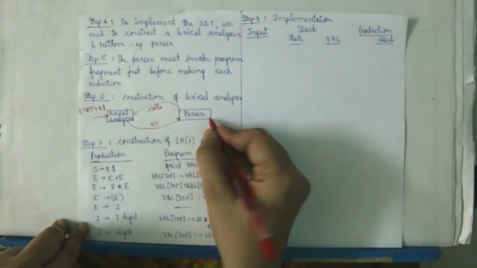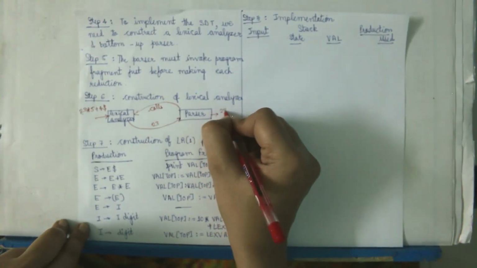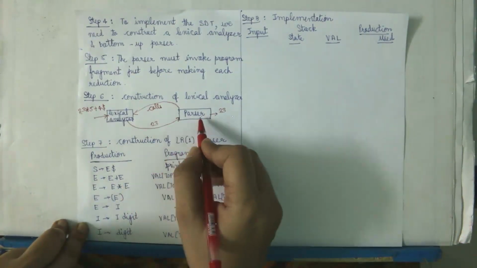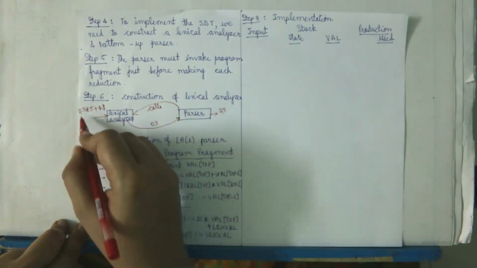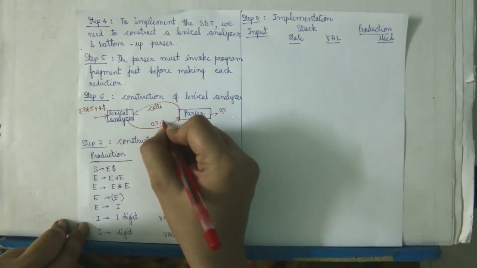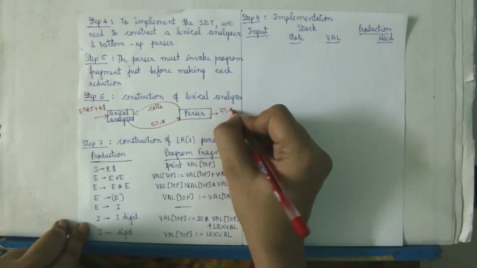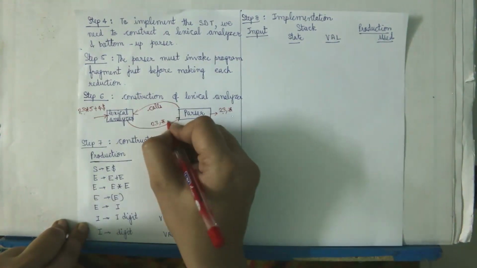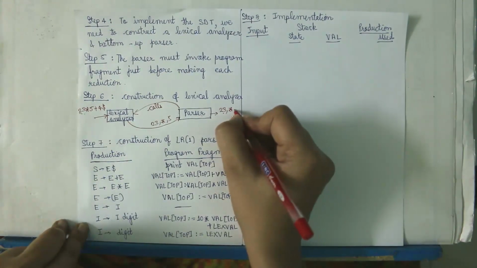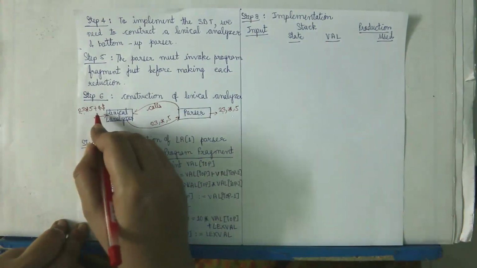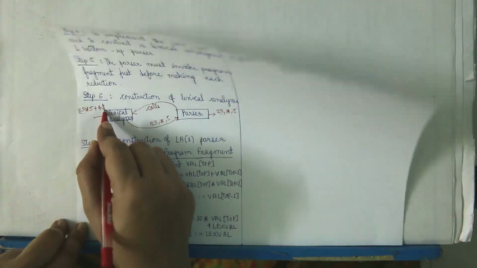So parser takes 23 and uses this 23 for the next step. Now once parser got 23, it will ask for the next input. It will again call the lexical analyzer, which will send a star, and the parser will use star and perform the operation. Parser calls again, gets 5, lexical analyzer sends 5, parser uses 5, it will do evaluation, and this continues till a dollar is encountered.